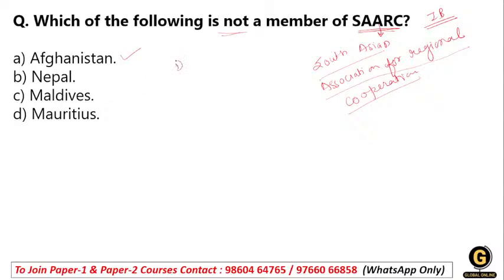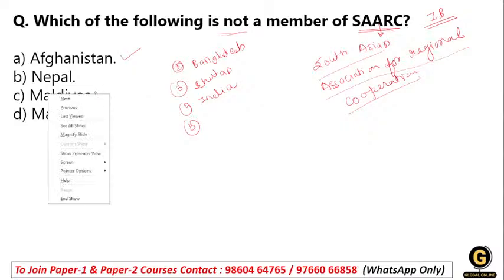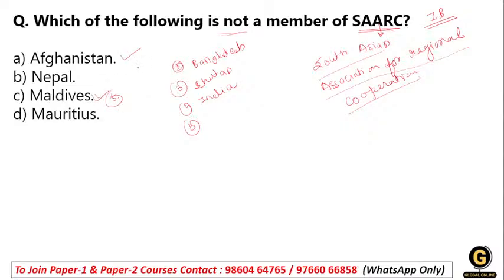Then second, Bangladesh. Third, Bhutan. Fourth, India. Fifth, Maldives. Then Nepal in sixth position.